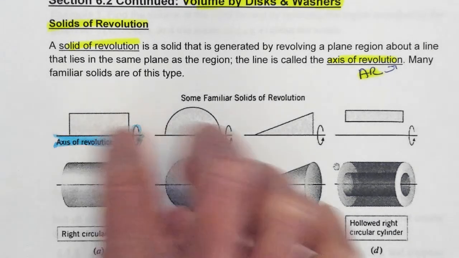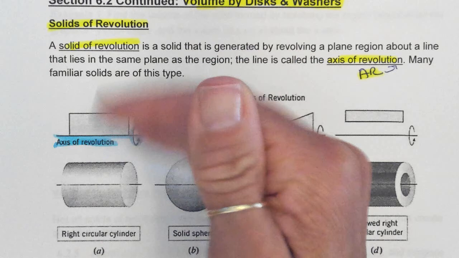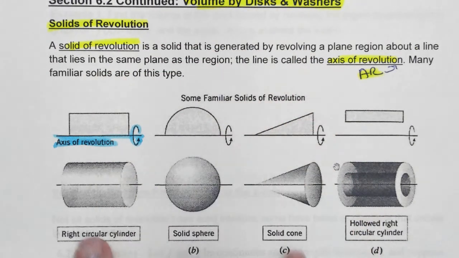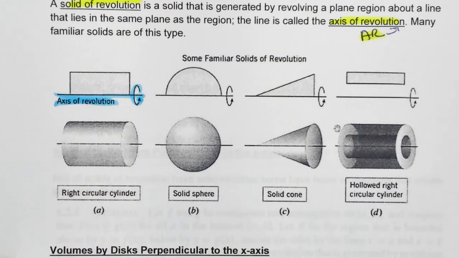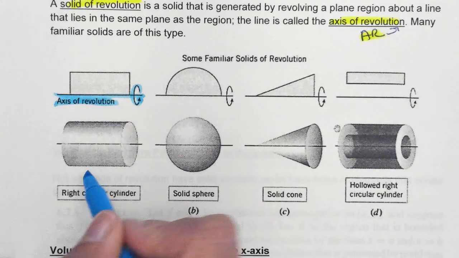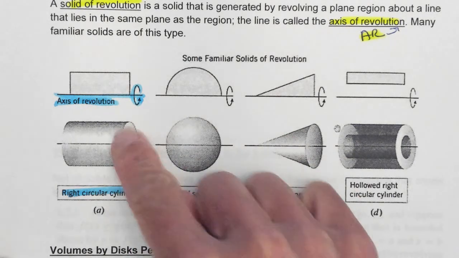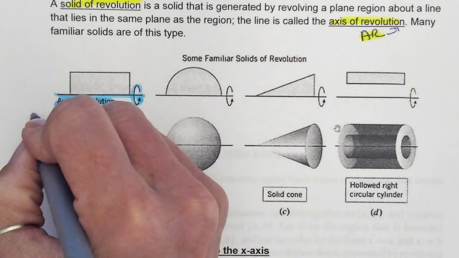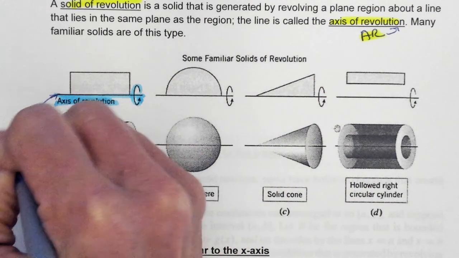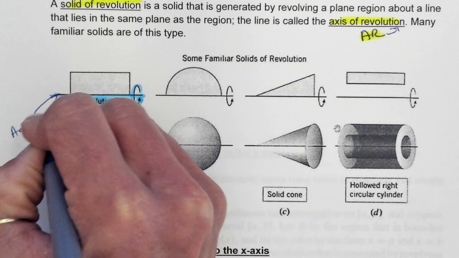It is solid, so when we do that, it will create this right circular cylinder right here. In this case, this is known as a disc, because it's solid and there's no hole in the middle, because the shape is adjacent to the axis of revolution.